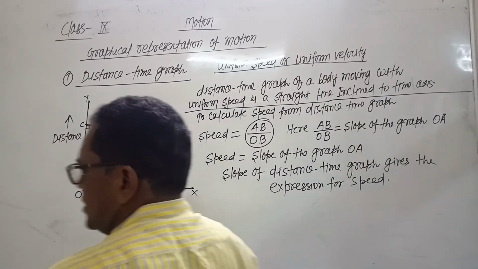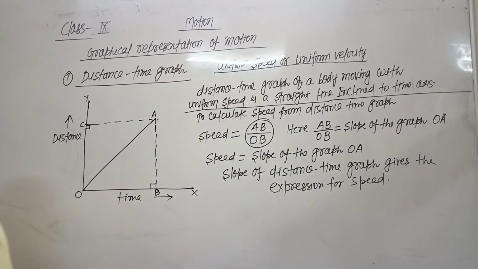And if the speed of a body is uniform, then its distance time graph is a straight line.